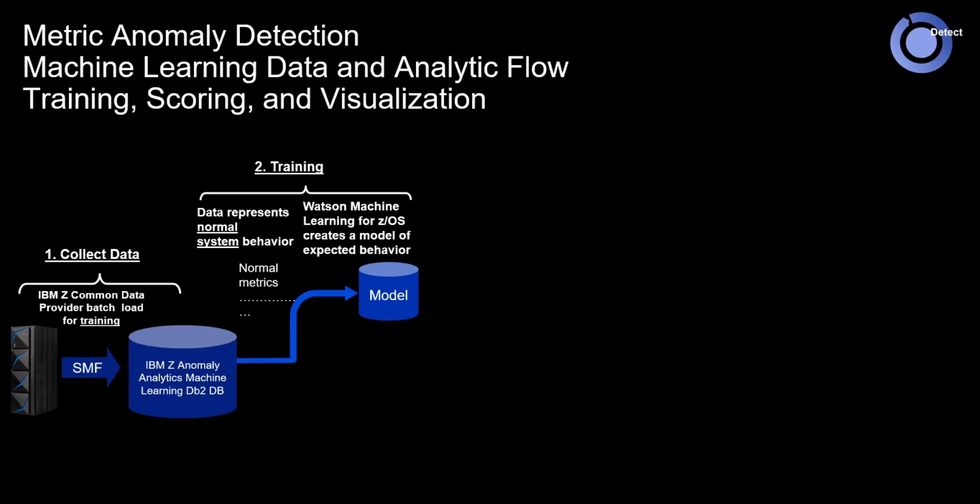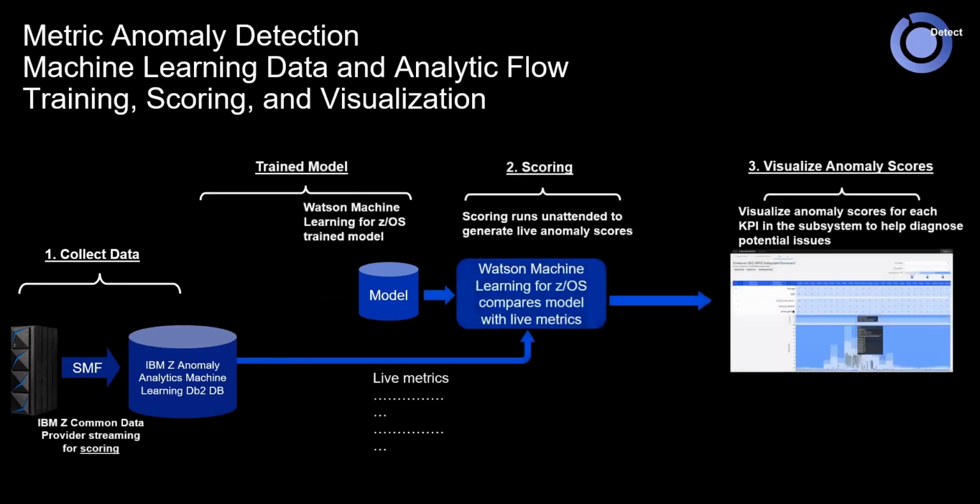Once we have that model, we still use our Z Common Data Provider to stream real-time data into our machine learning database, where we can take those real-time live metrics and compare them against what the model looks like. And from that, we get an anomaly score, and we visualize that through our anomaly scorecards. So this is the high-level data flow that we have, from training into scoring.